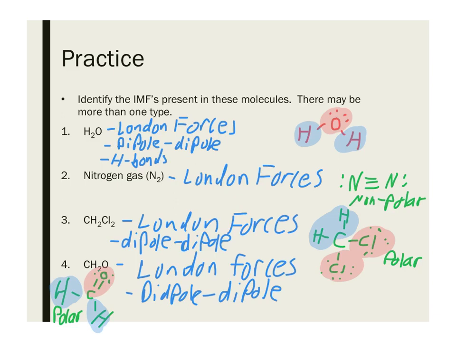And then if you have hydrogen-oxygen, hydrogen-nitrogen, or hydrogen-fluorine bonds, then you can have hydrogen bonding going on as an IMF as well. All right, the rest of the work that goes along with this is all about these different IMFs and what are in different molecules.